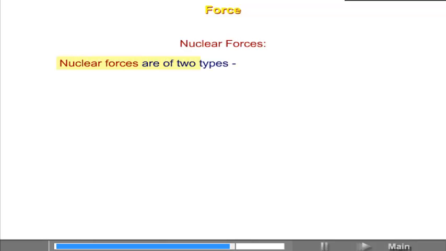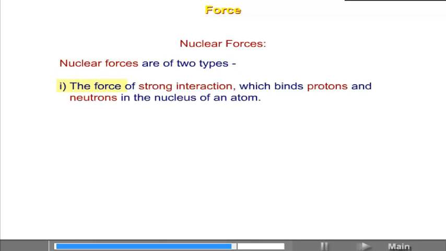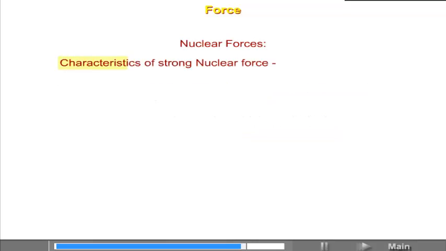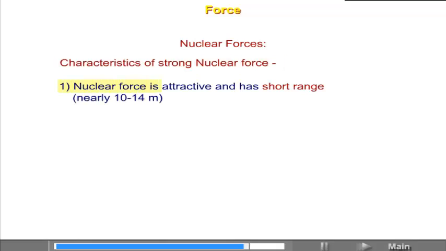Nuclear forces. Nuclear forces are of two types. The force of strong interaction, which binds protons and neutrons in the nucleus of an atom. The force of weak interaction, which results in the decay of many unstable nuclei. Characteristics of strong nuclear force: Nuclear force is attractive and has short range, nearly 10^-14 meters.